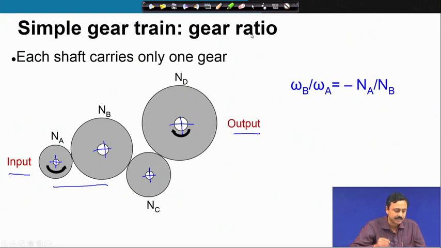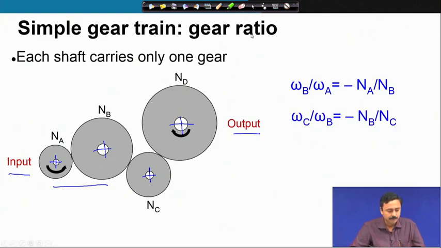Now, if you continue this for the pair B and C and for C and D, then you have these three transmission ratios for these individual pairs.